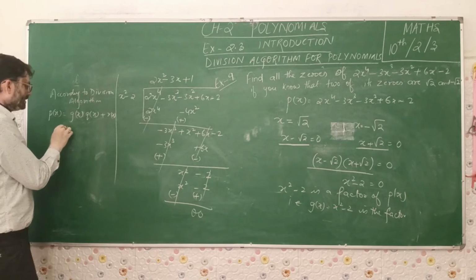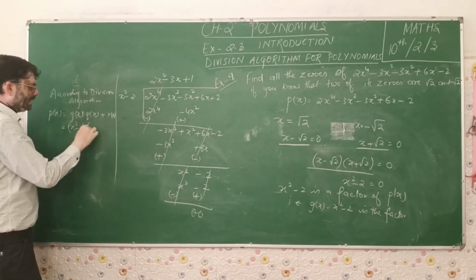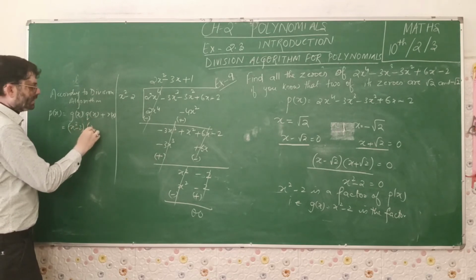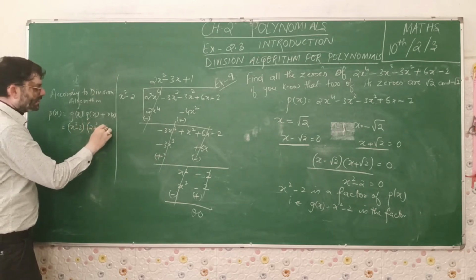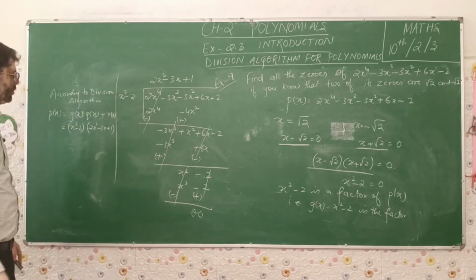Substituting all the values, g of x we had x squared minus 2, q of x we had got 2x squared minus 3x plus 1, and since the remainder is 0, plus 0 is not required.